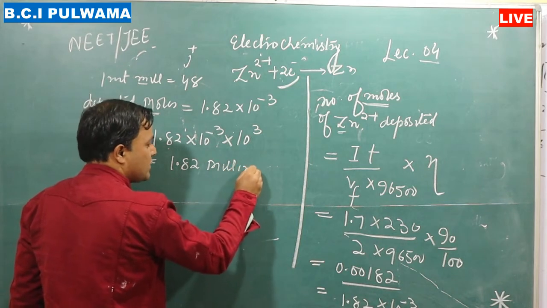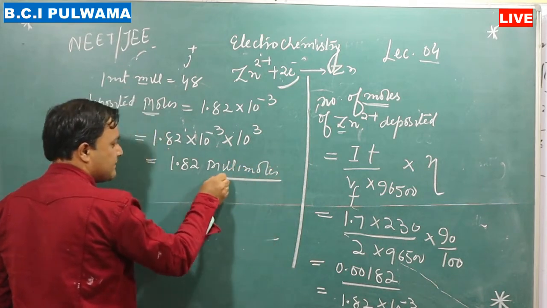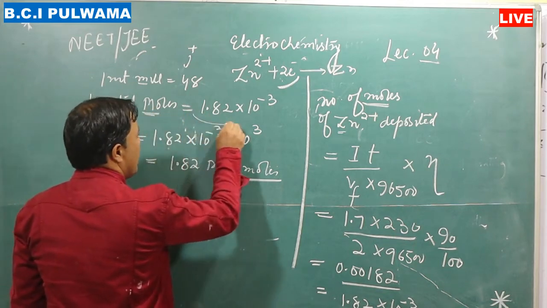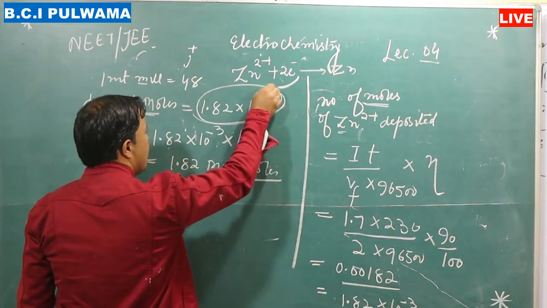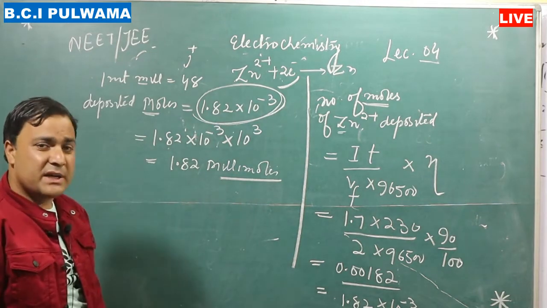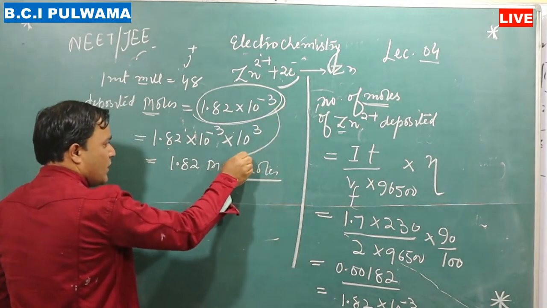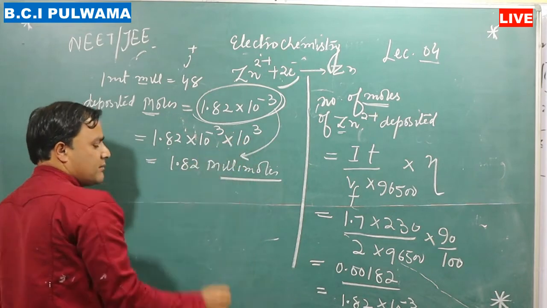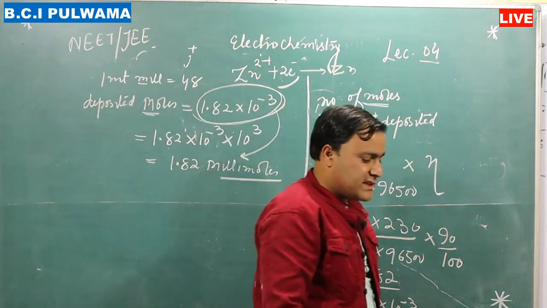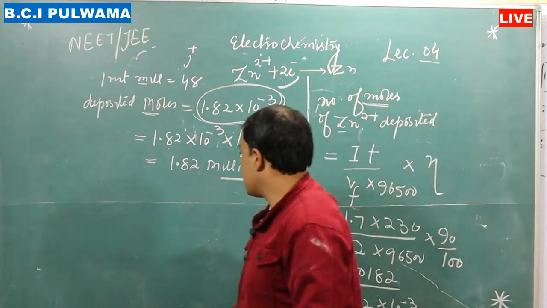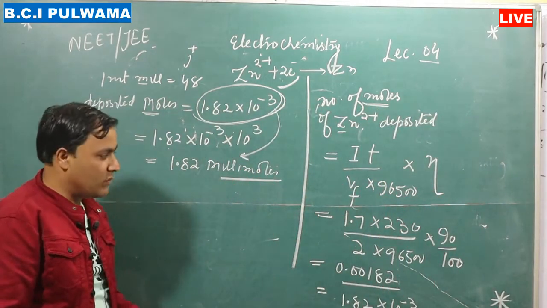This number is the number of moles of Zn2+ ions that have been deposited, and multiplying by 1000 converts moles into millimoles.